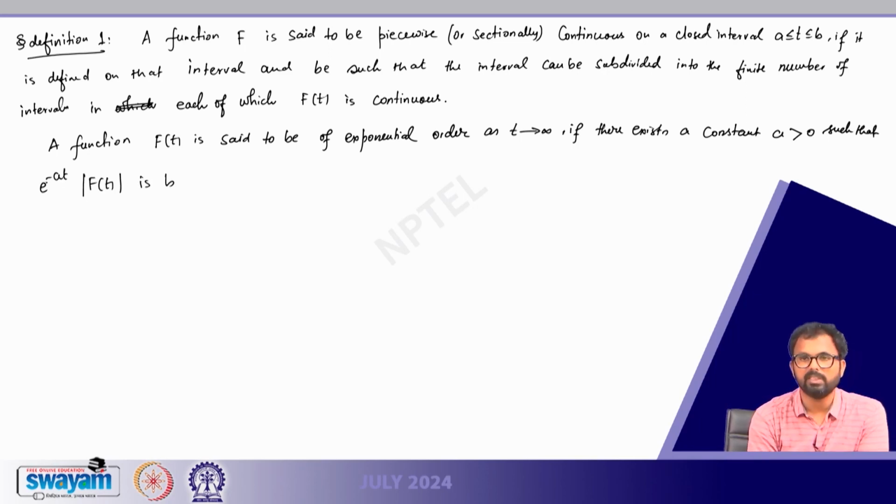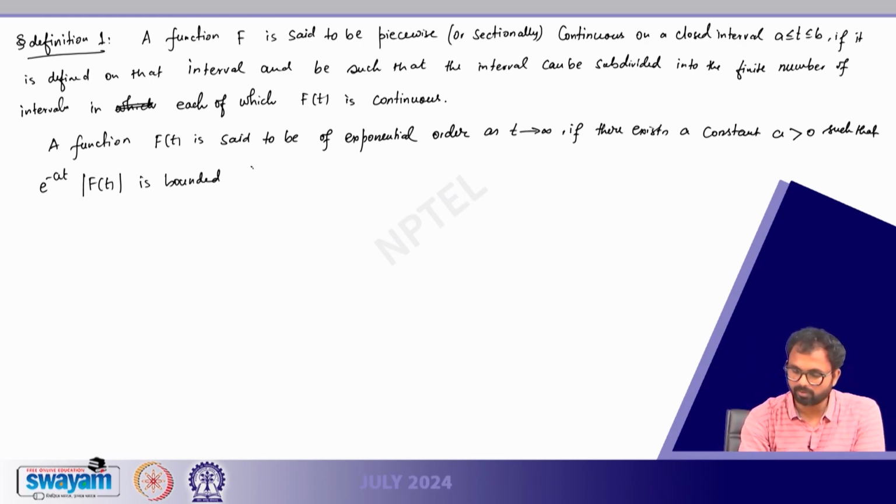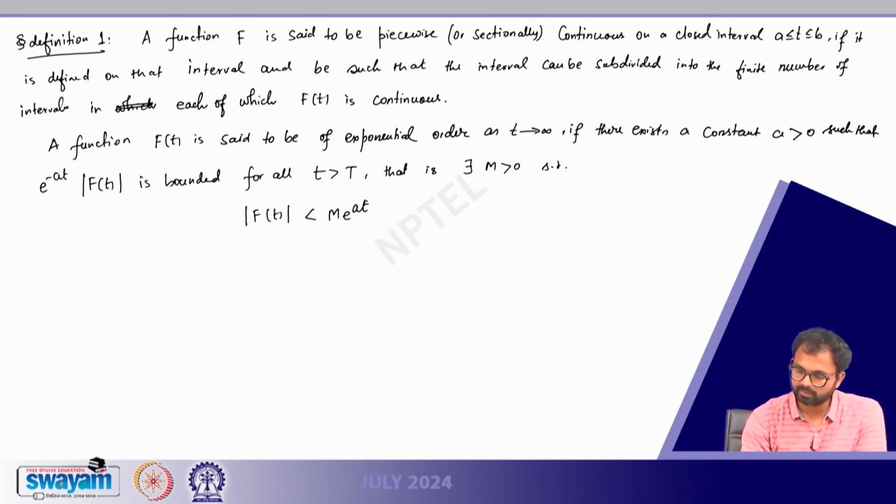We don't have to put mod on e because the exponential is always positive. It is bounded for all t greater than capital T. That is, there exists a constant capital M such that mod of f(t) is less than capital M e to the power at.